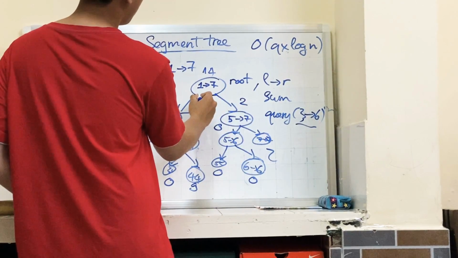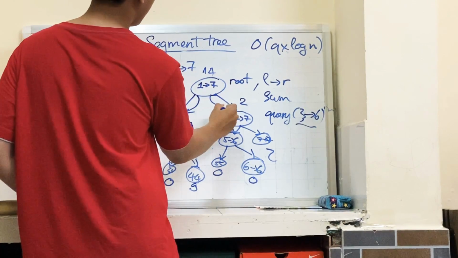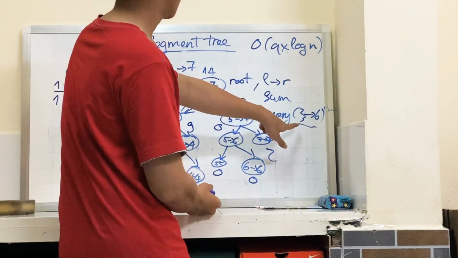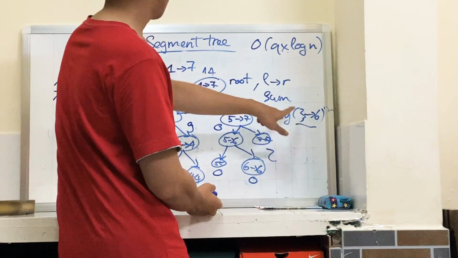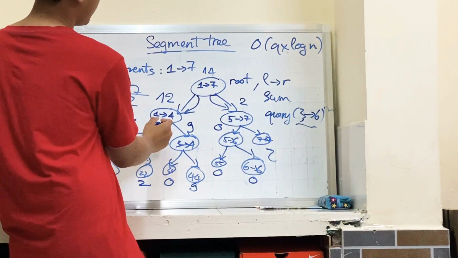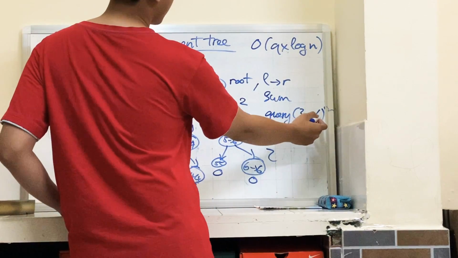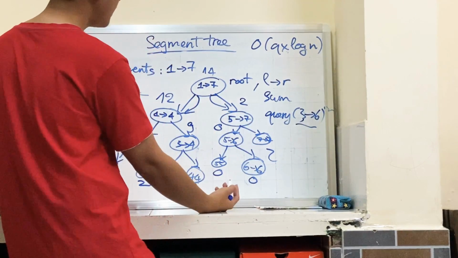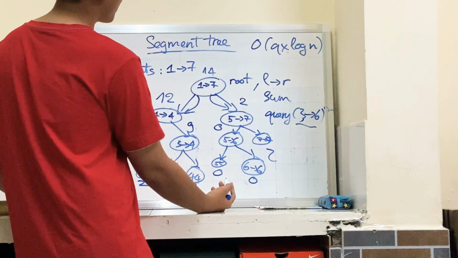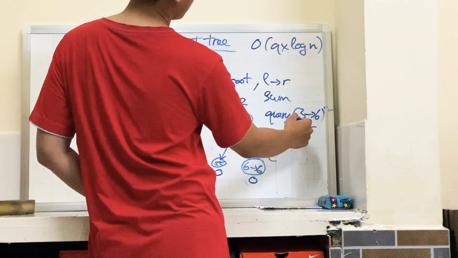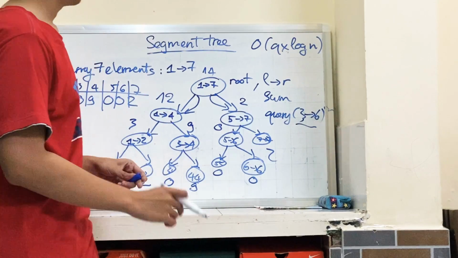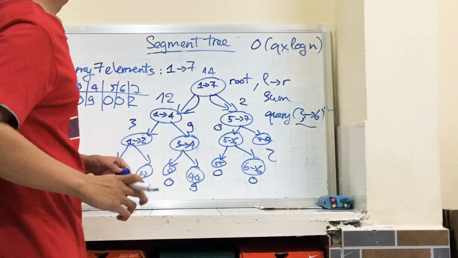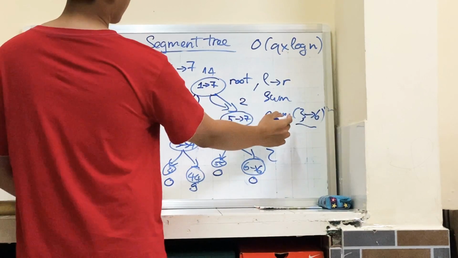So it will move down here, because 3 is inside the interval of 1 to 4, and 6 is inside the interval of 5 to 7. We will traverse down to the leaves of the tree, return the values, and add them to get the final value for 3 to 6.